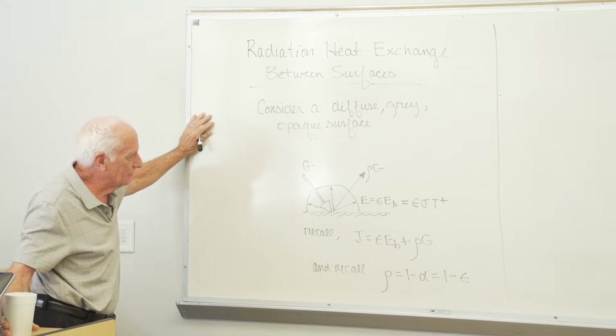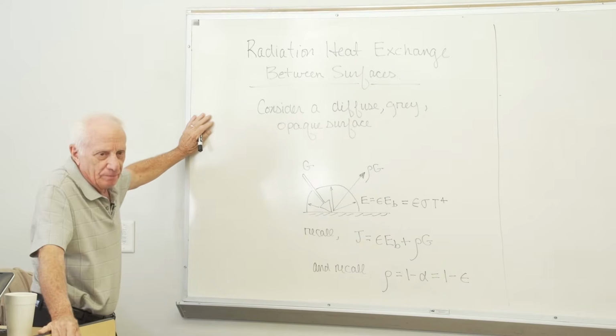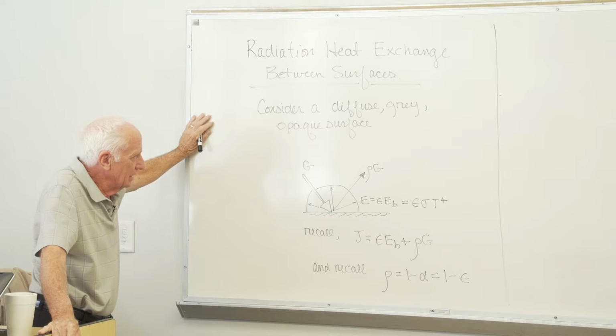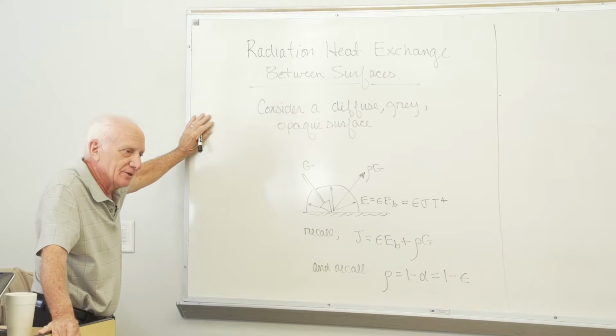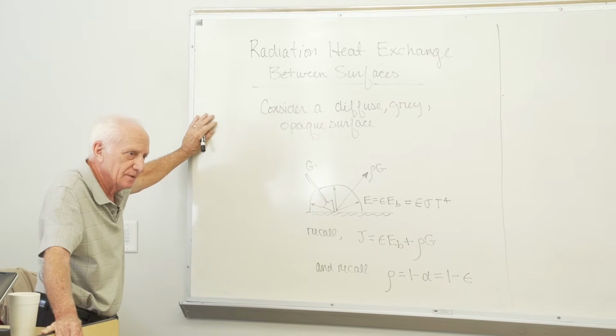So we start out and look at this surface. We've seen that little picture in chapter 12. Capital G is the irradiation, the incoming radiation. For an opaque surface, the transmissivity is 0, so nothing's transmitted. Some is absorbed by the surface, and some is reflected.